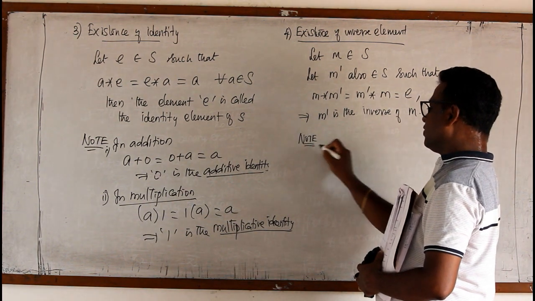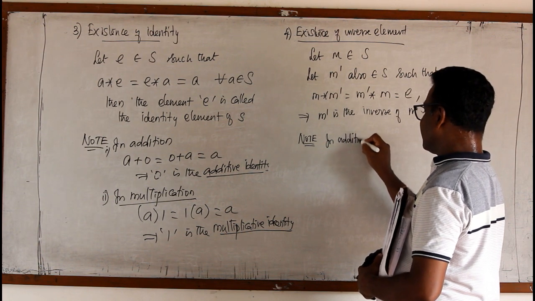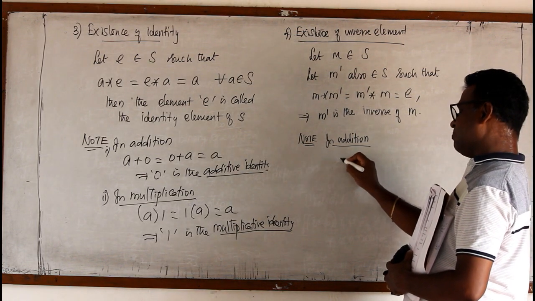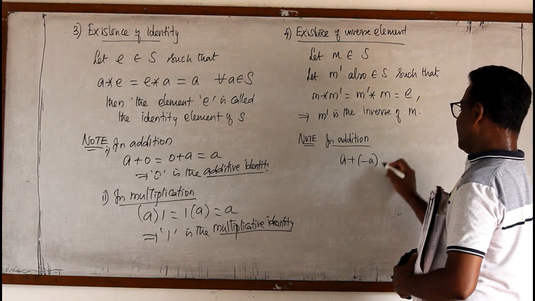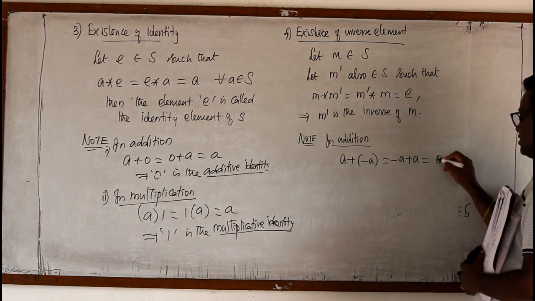Note, let us see if the operation is addition. In addition, if I take any number, maybe some A, and if I add it with minus A or minus A with A, I will get the identity element 0.